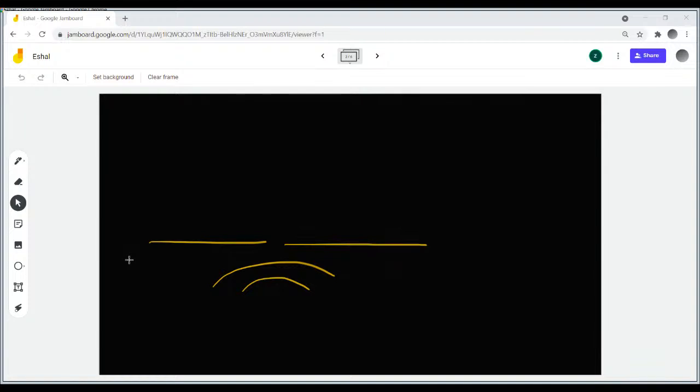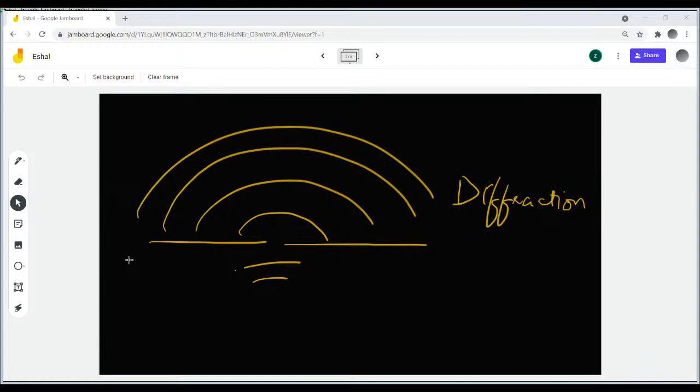Waves mein the narrower this path, the more it spreads out. So is path se nikal ke it would spread out more. It expands, or its wavefront expands as it goes through that opening, and this expansion in the wavelength is called diffraction.